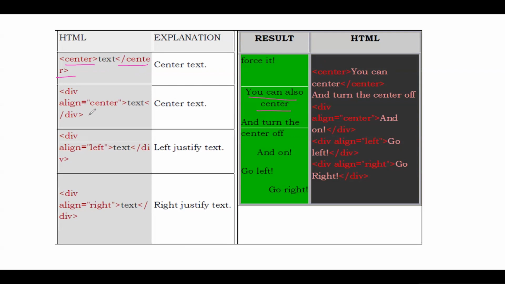Now, if I want to change the alignment to the left side, here we are using something called a div. This div is where we will create layouts, or divide the page into different layouts.